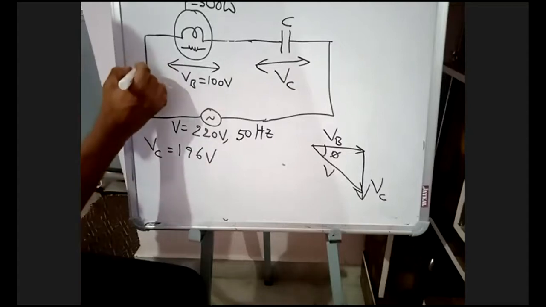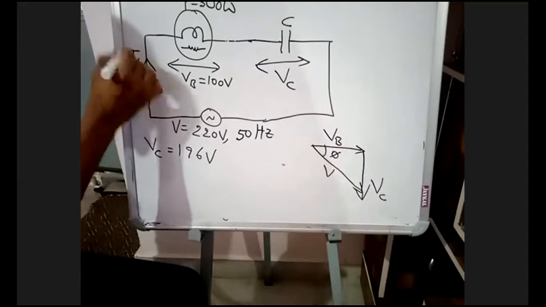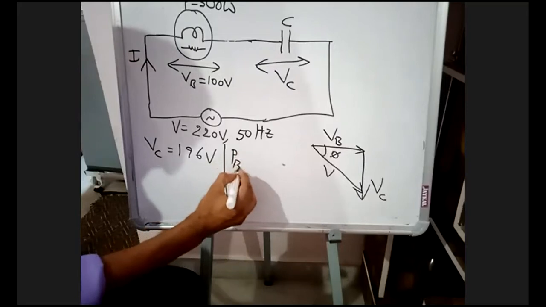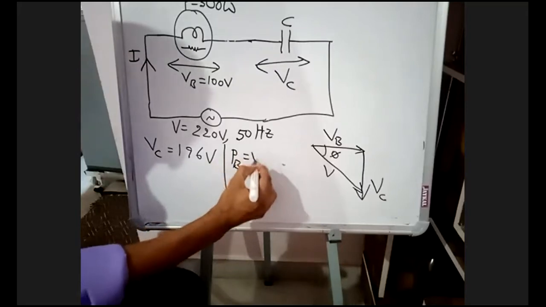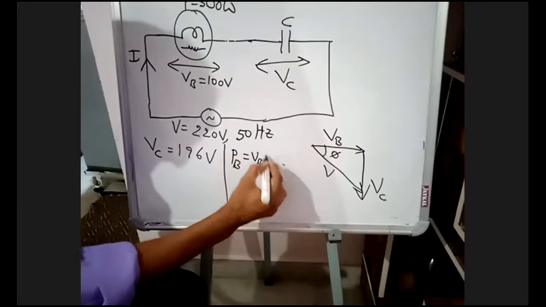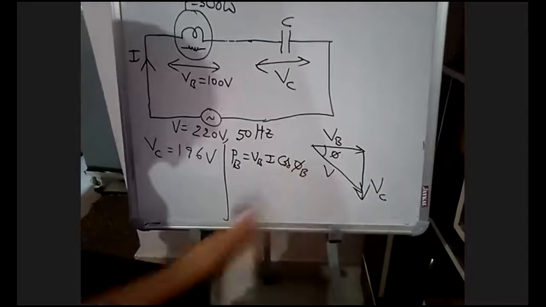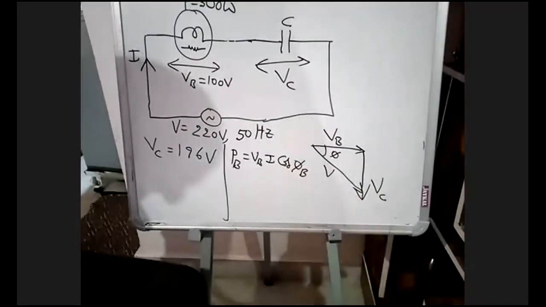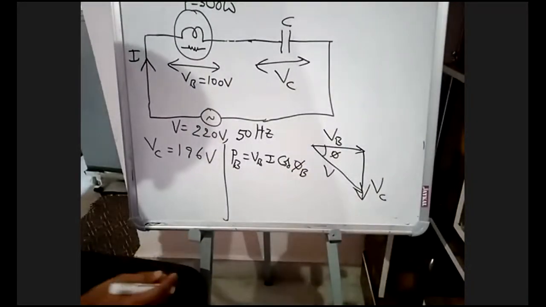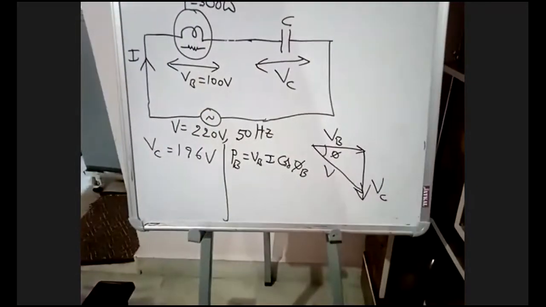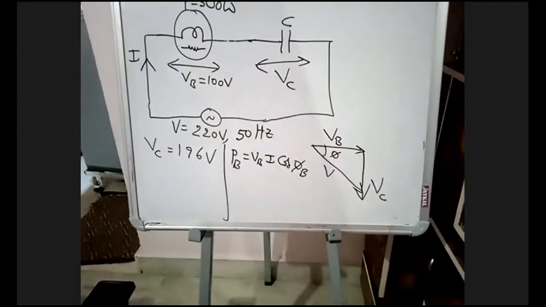What is the current flowing in the bulb? Power in the bulb they have given. Power in the bulb is V into I cos phi in the bulb. Your bulb is the resistive part. What is the angle in between voltage and current in the resistance?